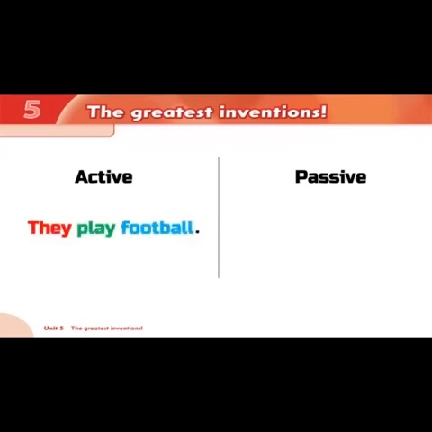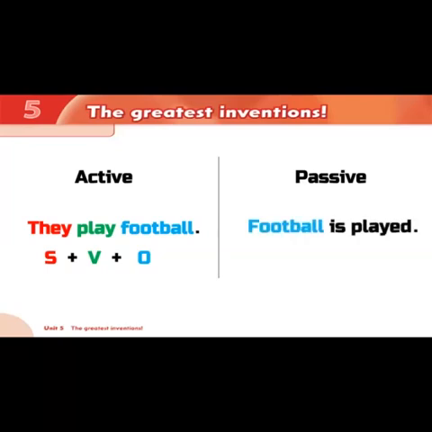We have two kinds of sentences, the active sentence and the passive sentence. The active sentence is a normal sentence which starts with the subject, then the verb, then the object. For example, they play football. Here they is the subject, play is the verb, and football is the object.